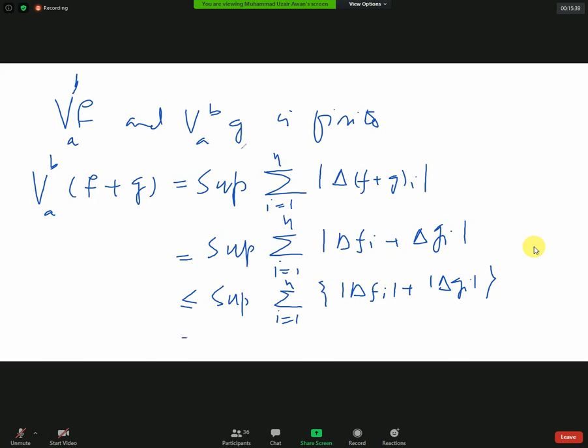So that will be equal to the supremum of the summation i equal to 1 to n of del fi plus the supremum of the summation i equal to 1 to n of del gi, with absolute values.